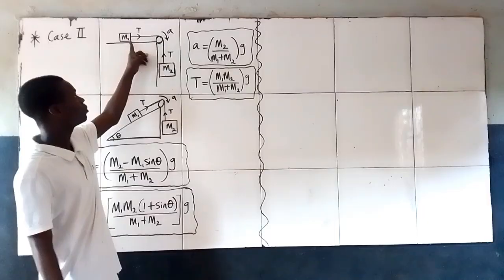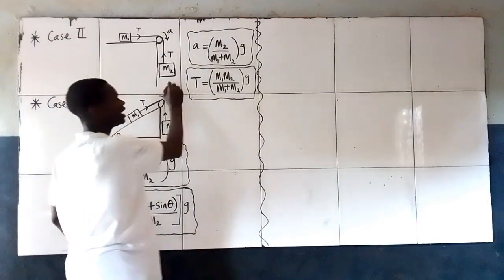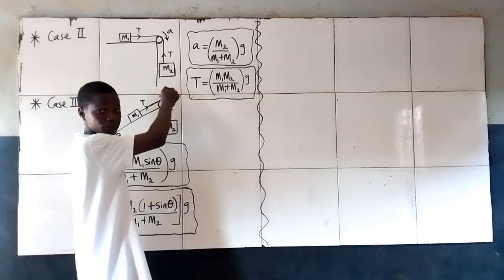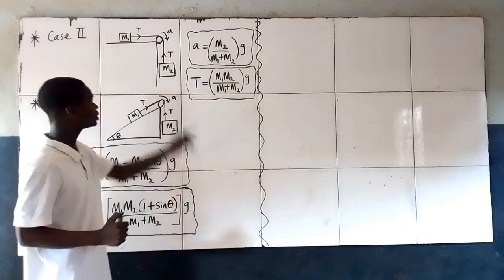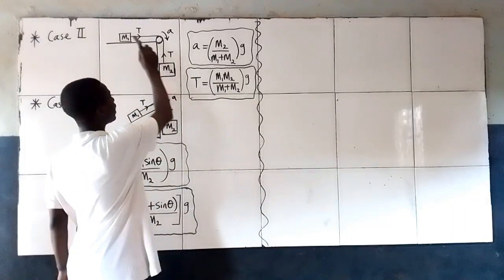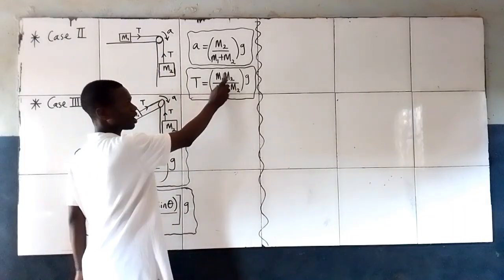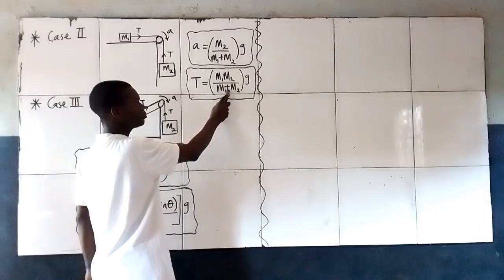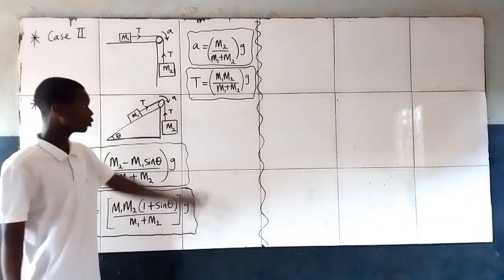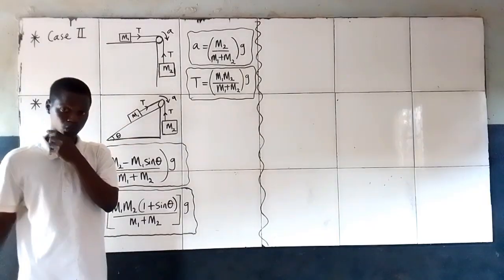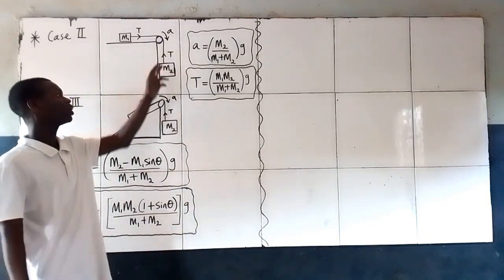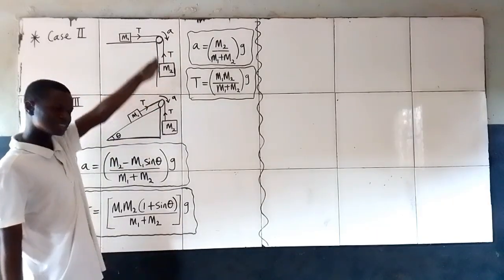It's not M1, it is the weight of the hanging mass, M2, that we use here. Now to get the tension in each of these ropes, which is the same tension, T equals M1 times M2 over M1 plus M2. The resultant of what you get here, times gravity, will give you the tension in each of these ropes. This is for case 2. One body is on a horizontal plane, while the other body is hanging vertically.